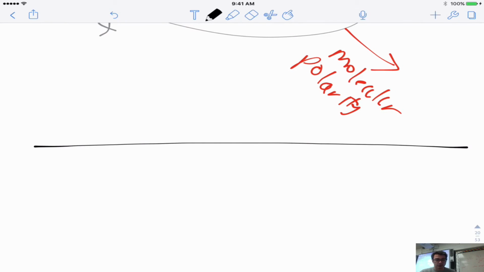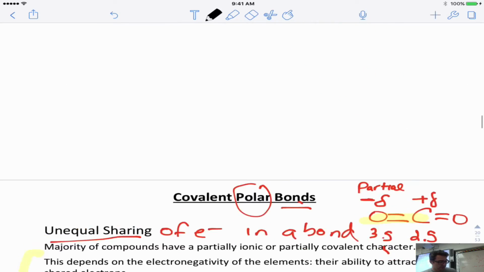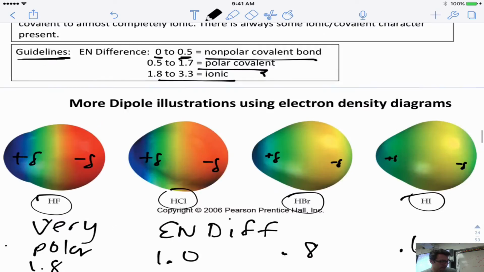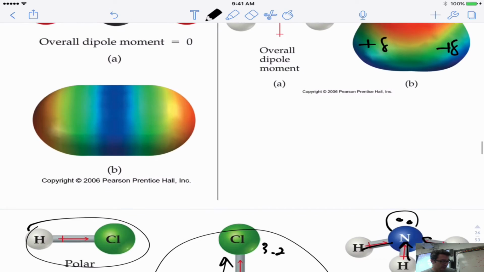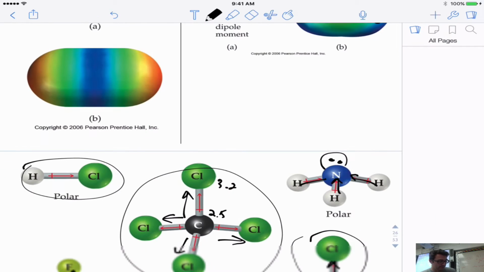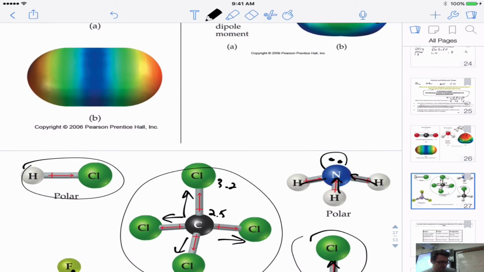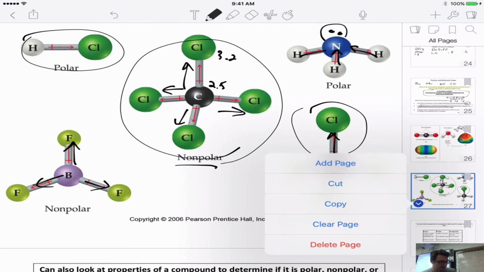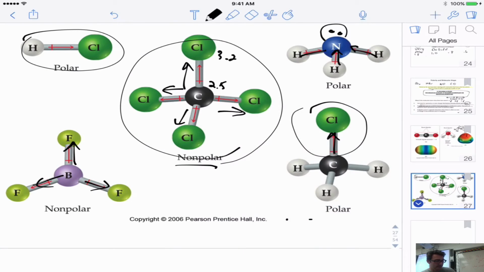I'm going to insert a page below this so that we're consistent. So let's add a page, and then we could put it right there.